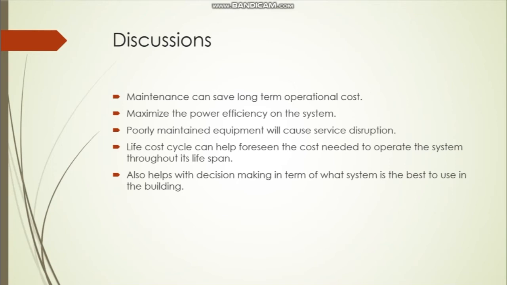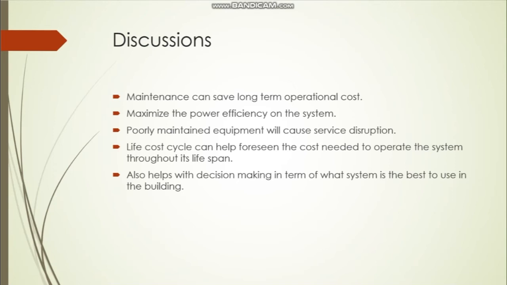As an example, if the air filter is not cleaned for a long time, it will accumulate dust and particles that hinder air volume from coming in.